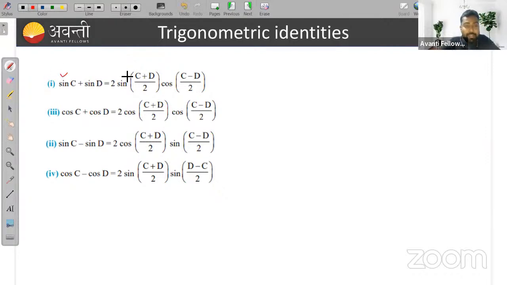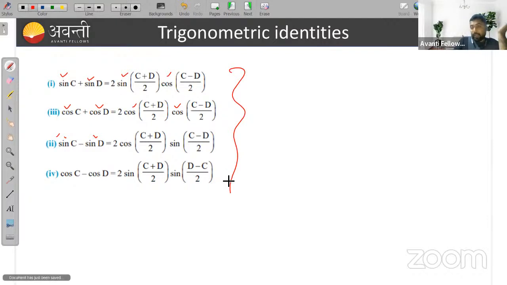When you have sin, you have sin and cos; when you have cos, you have both cos. And when you have sin c minus sin d, it is 2 cos((c+d)/2) into sin((c-d)/2). Remember these four formulas, which will help you a lot in problem solving.